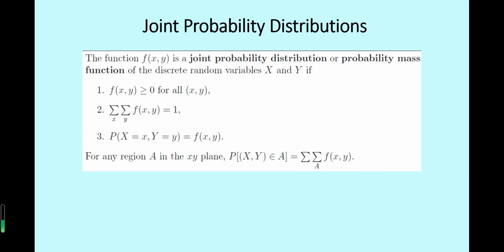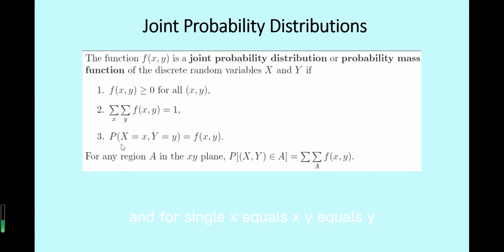The definition of the joint probabilities is this: the function f(x, y) is a joint probability distribution or probability mass function of the discrete random variables X and Y if f(x, y) is larger than or equal to 0 for all x and y, and the double summation over x and y of f(x, y) equals 1, which means all possibilities for this discrete pair of X and Y sum to 1.